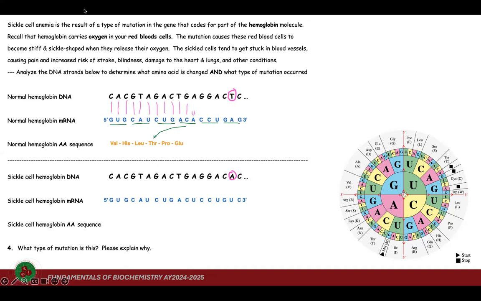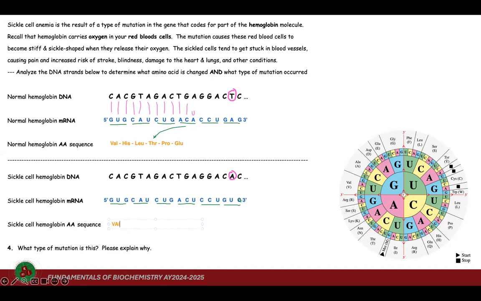Okay, so let's go back to the sickle cell hemoglobin. So let's look at the amino acid sequence. So again, identifying the triplets, GUG, CAU, CUG, ACU, CCU, and then GUG. Okay. So what is our amino acid sequence?